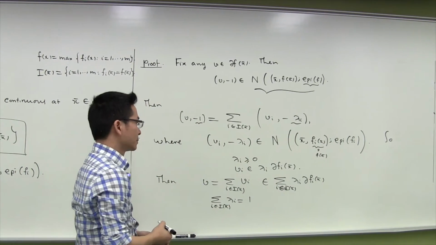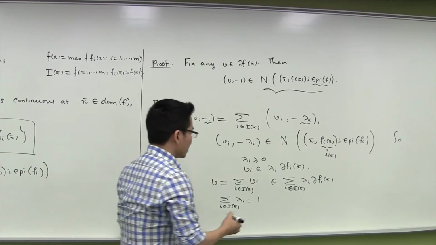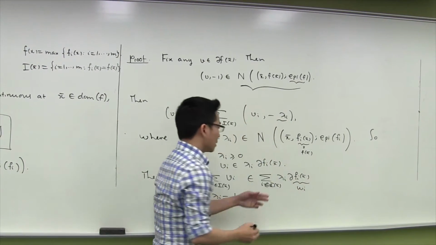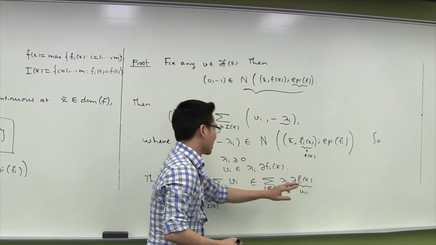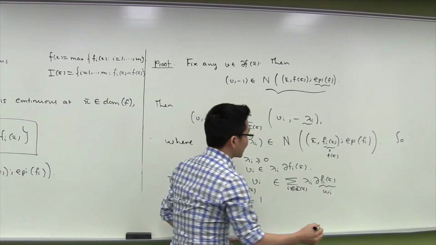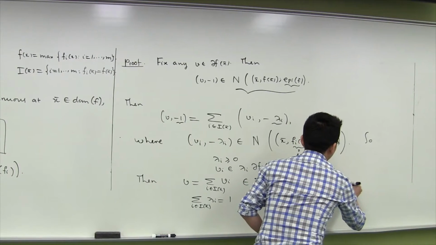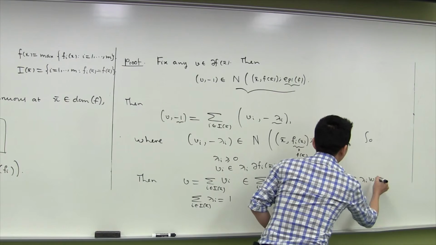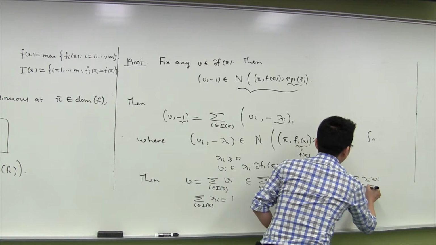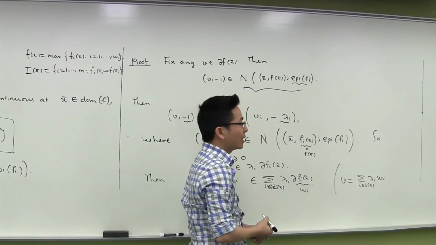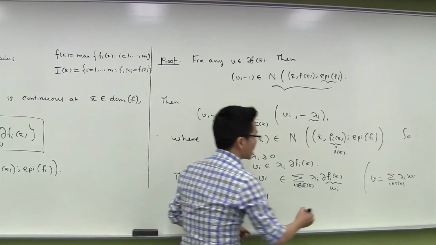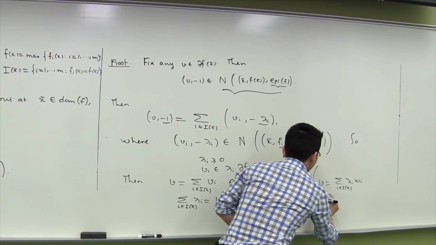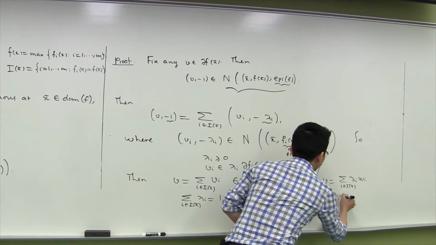Okay. So now we can pick a wi in the subdifferential of fi of x bar such that v can be represented as the sum of lambda i wi, where i runs in the active index set I of x bar, and remember that the sum of lambda i over here is equal to 1.